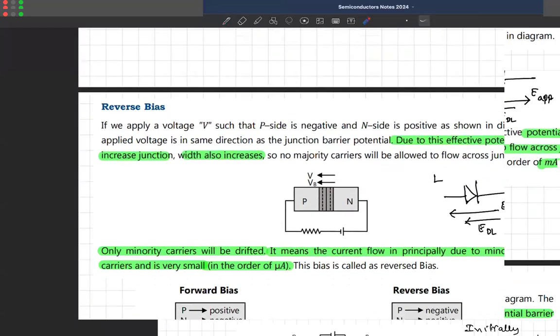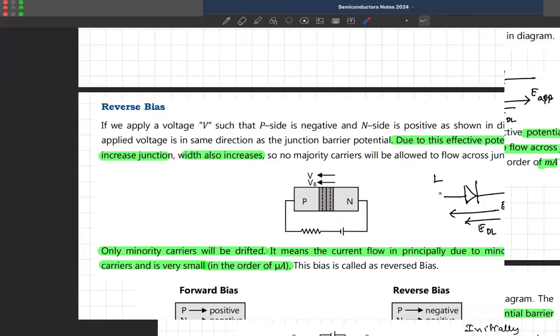Okay, and the current is the forward biased current. In the reverse bias condition, I told you very clearly, we apply the reverse of what we applied earlier. P-type, we connect to the negative of the battery, and N-type we connect to the positive of the battery. In this case, the width of the depletion region increases, and the strength also increases.